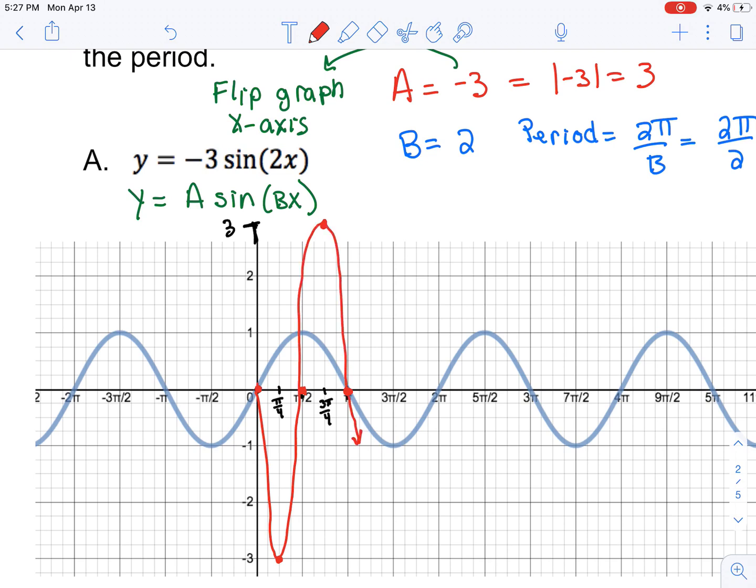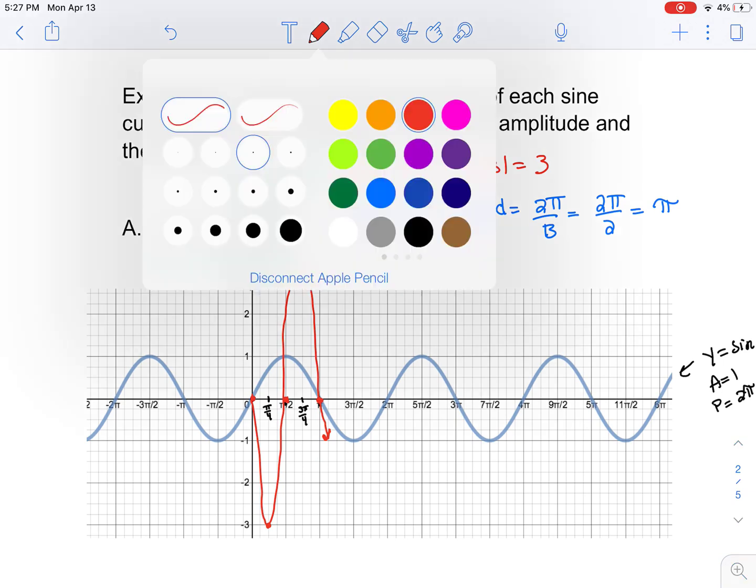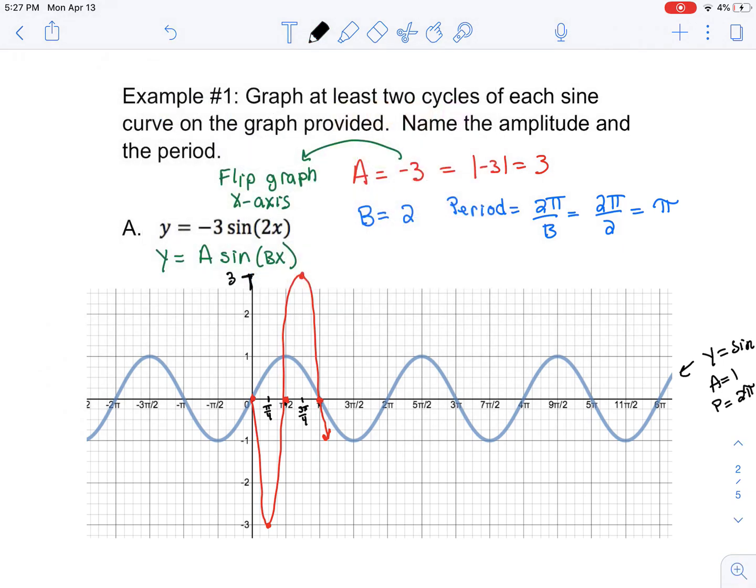Always extend and add a little arrow. I'm kind of picky about that because our graph goes on forever, so you want to extend an arrow to show that the graph just doesn't end there at pi. And we want to have 2 cycles, so I always like to go in the negative direction. So I'm going to come up here, back down to the middle, back down, and back to the center.